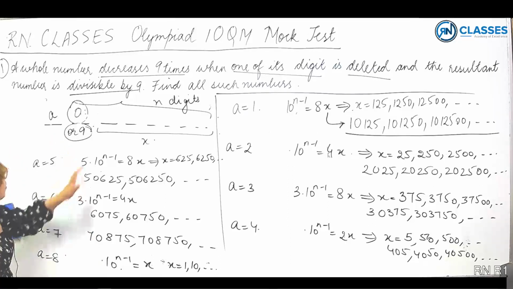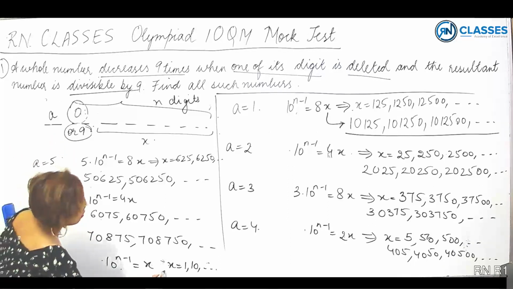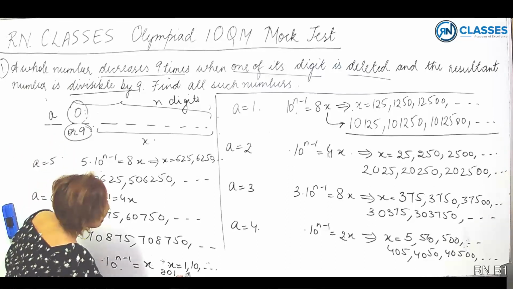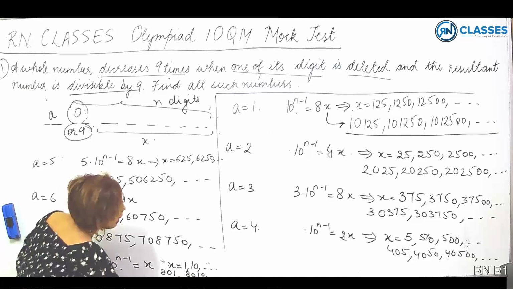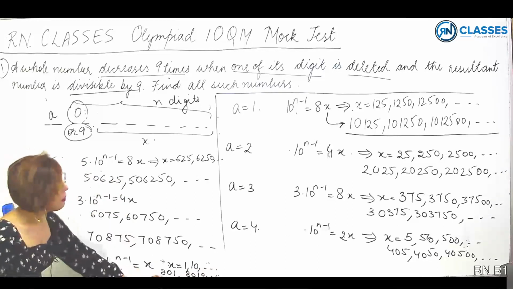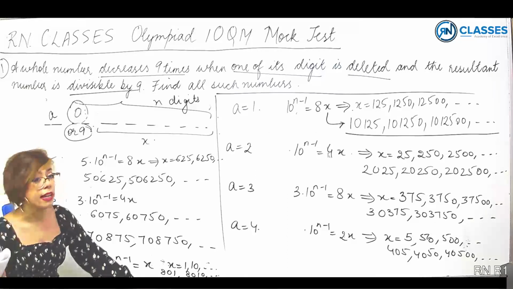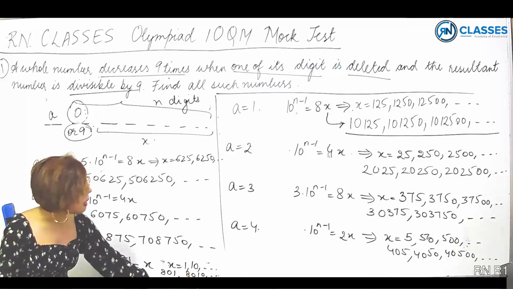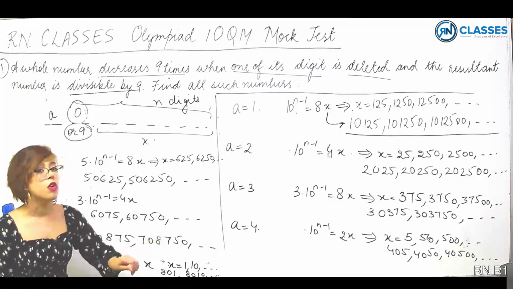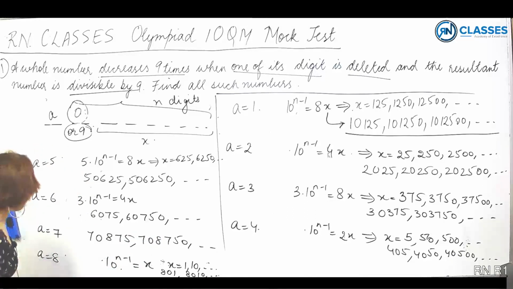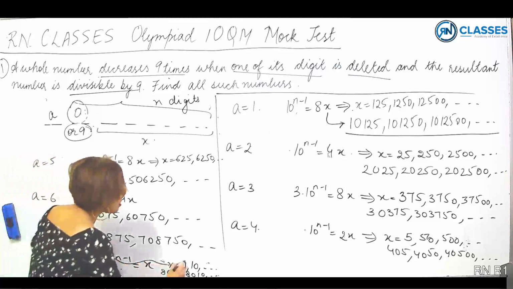So my number looks like 801, then 8010, and so on. But I realize when I am dividing 801 by 81, the answer is not 9. When I divide 8010 by 810, the answer is not 9.